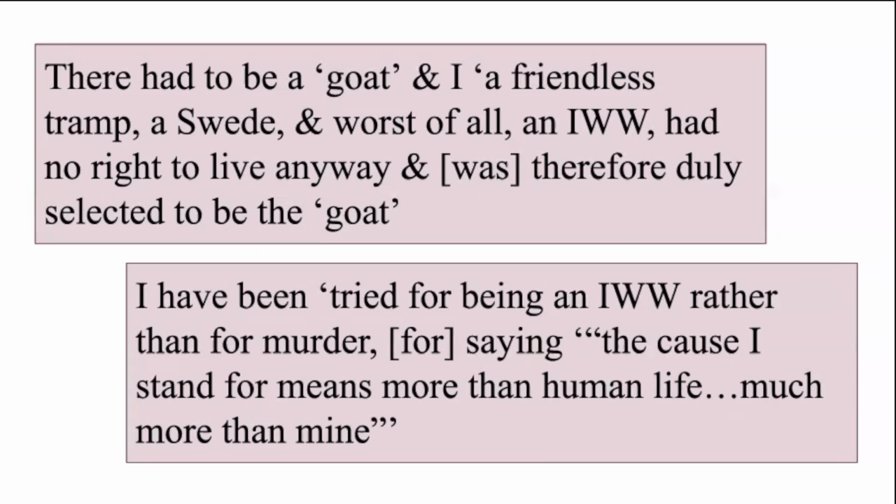I have been tried for being an IWW rather than for murder, for saying, the cause I stand for means more than human life, much more than mine." Labor and the IWW made powerful enemies.